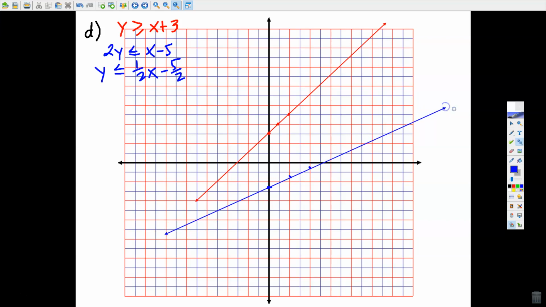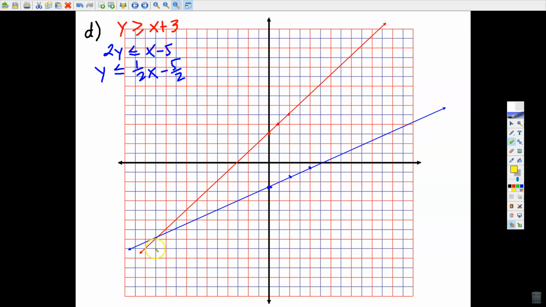And this is a case where I really needed to lengthen this red line, so I'm going to go ahead and do that. You sometimes need to make those lines a little bit longer to give them a chance to cross, if they're going to cross. And now we'll do the shading. So it's above the red, but below the blue.